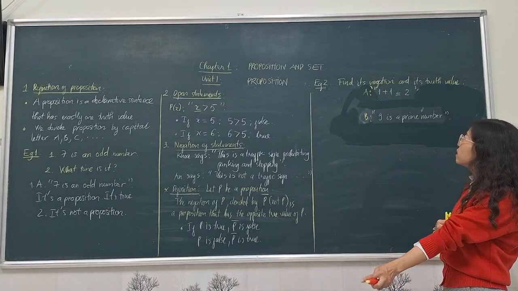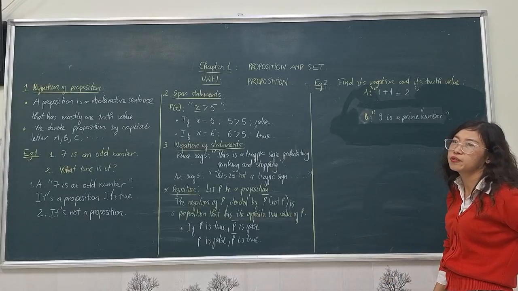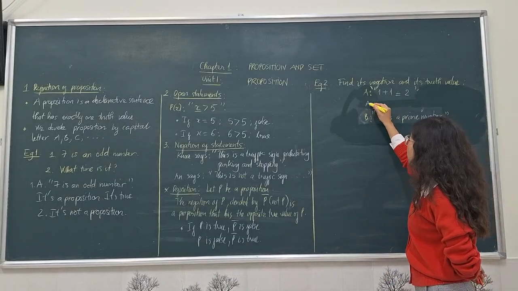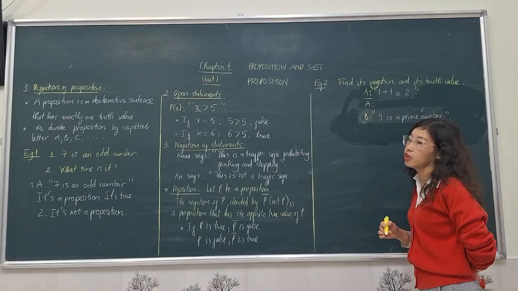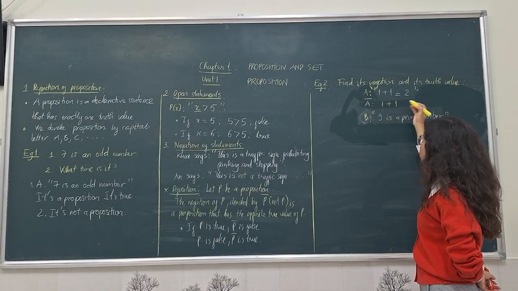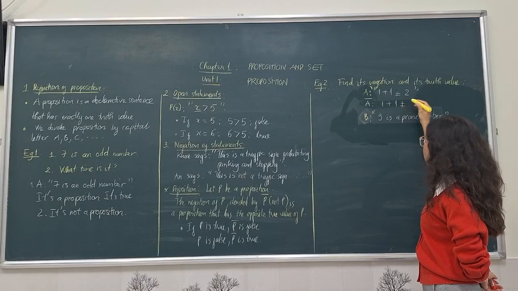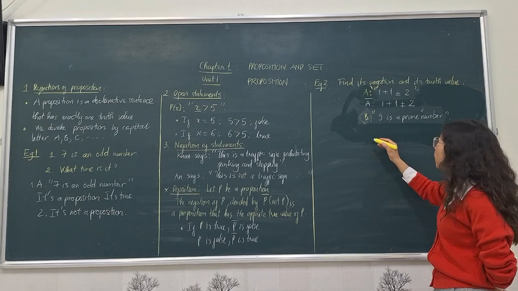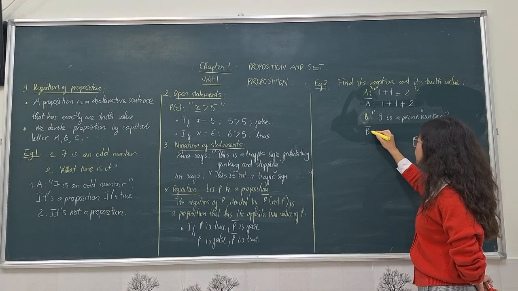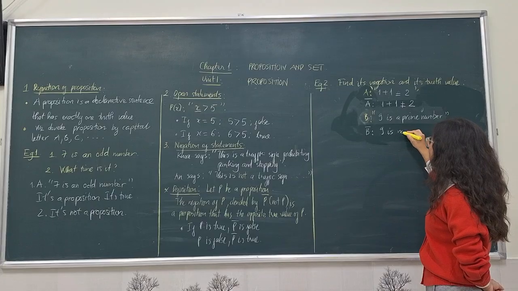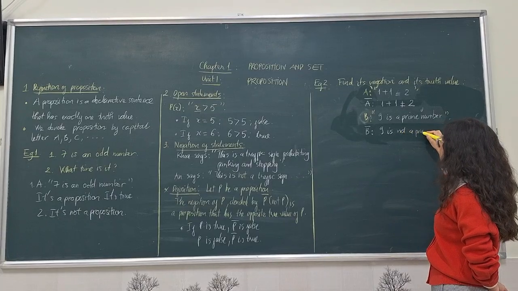Now let's find out the negation of the proposition A. I denote it not A, A bar, which is 1 plus 1 is not equal to 2. And the negation of B is 9 is not a prime number.